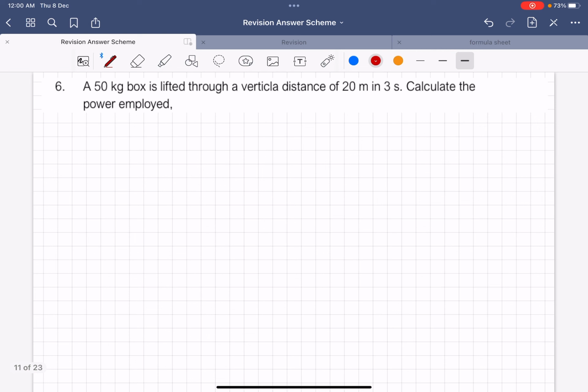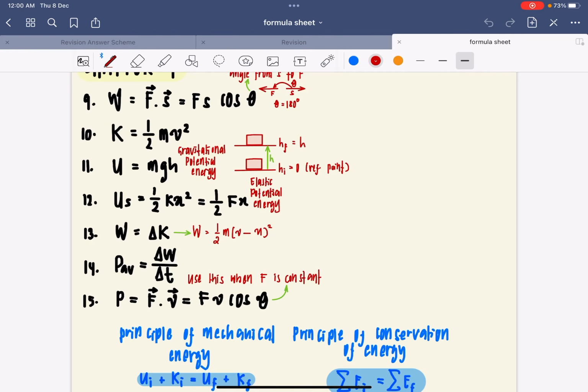Question number 6, this is on power. The formula for power is also given. It is equation 14 and 15 of your formula sheet. This is basically used when force is constant.